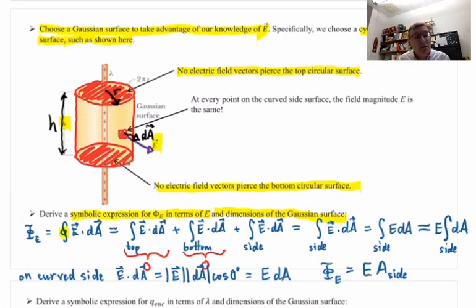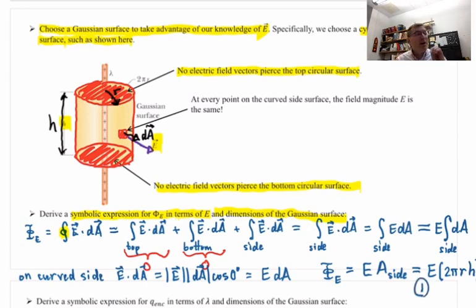This is a cylinder. What's the surface area of the curved side? Well, you go around this way a distance 2 pi r, the circumference, and you go up and down this way a distance h. So you multiply those two distances, 2 pi r times h. Let me call that equation 1.